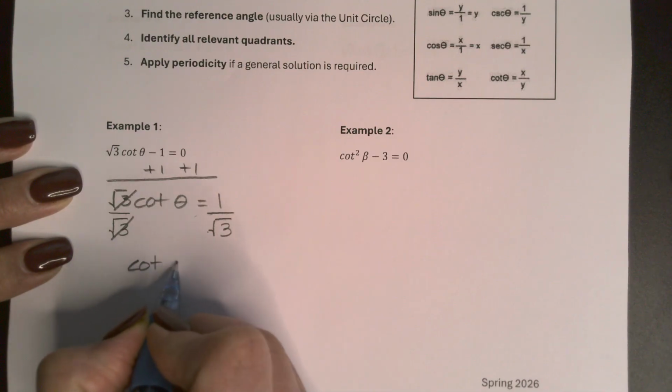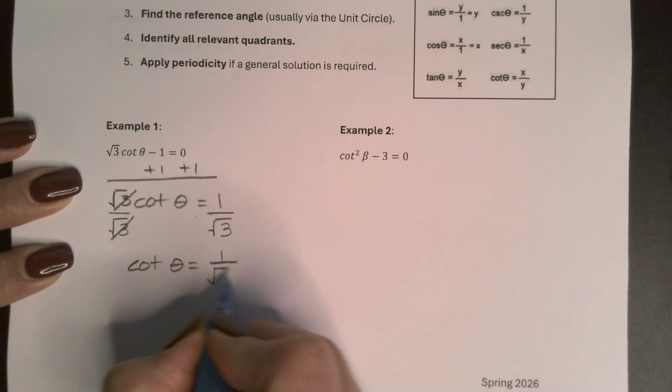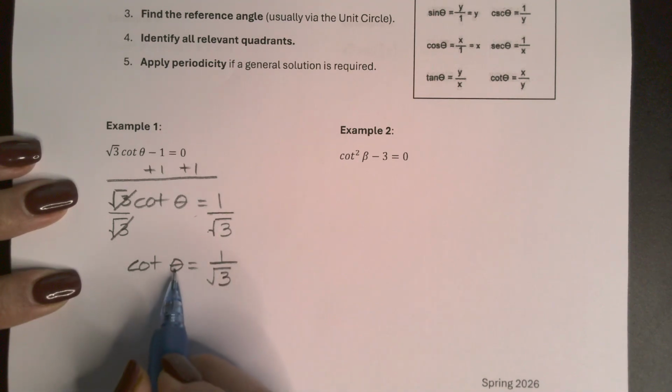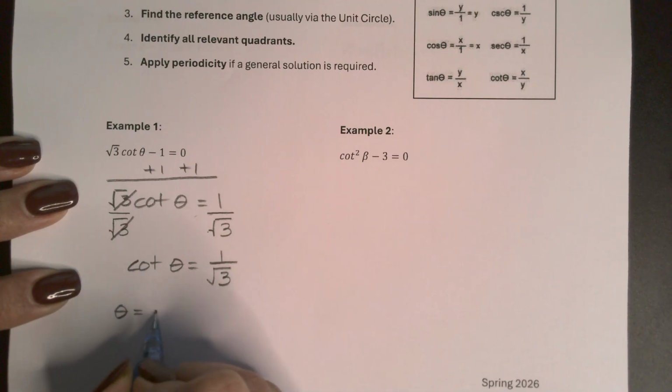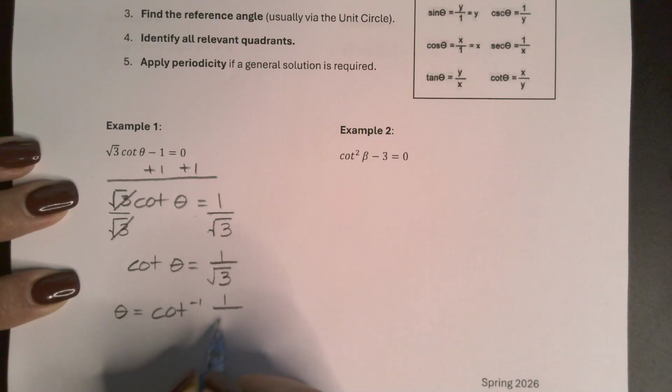And now cotangent of theta is 1 over square root of 3. So our goal now is to find theta. So in essence, theta is going to be the cotangent inverse of 1 over square root of 3.